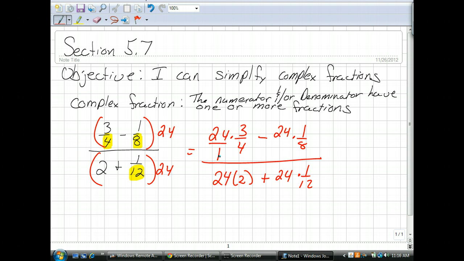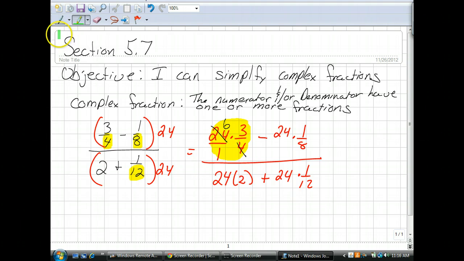So here I can take this and notice that 4 goes into 24 6 times. So what I really have there is 6 times 3 or 18.